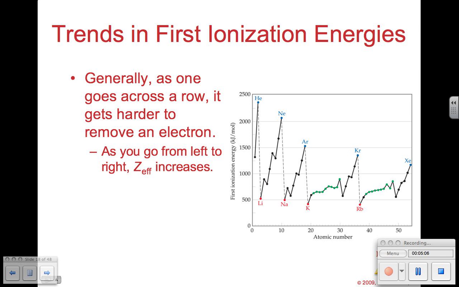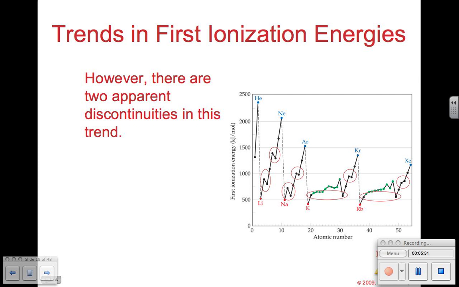So there's more protons pulling in those electrons, but there's no additional shielding as you go from left to right, or it's very minimal. We talked about that in class, where the electrons within the same shell that you're discussing only contribute about 0.35 to the shielding effect.